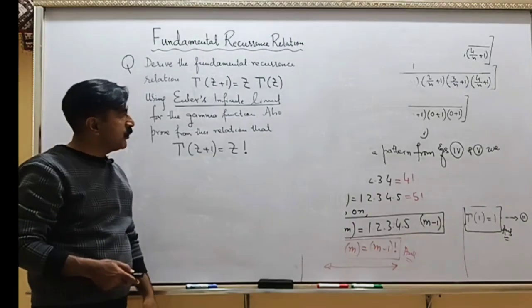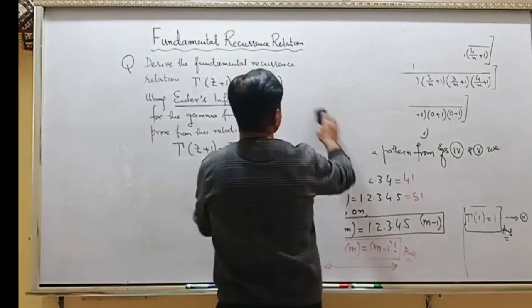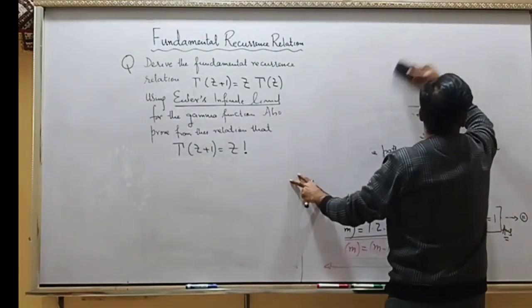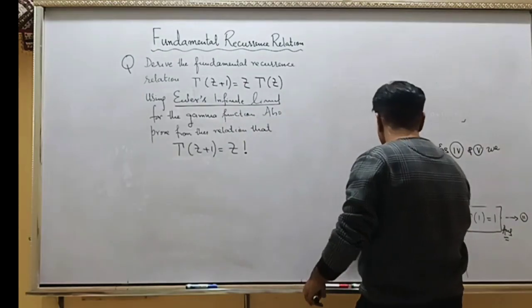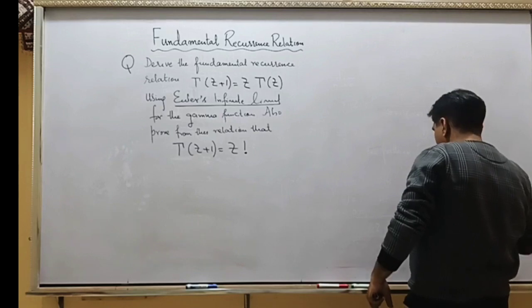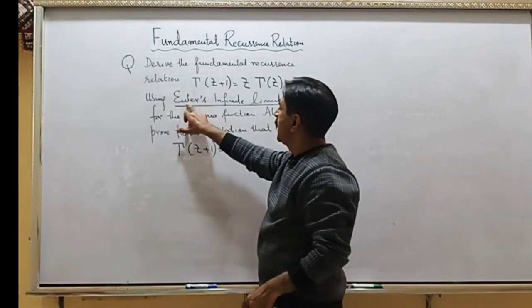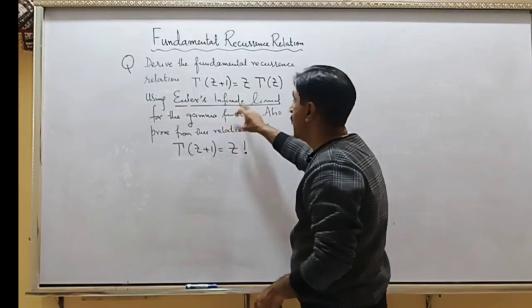So let's start solution of this problem. And for this relation, we need to have in our mind the definition due to Euler. And that definition due to Euler is in the form of infinite limit.